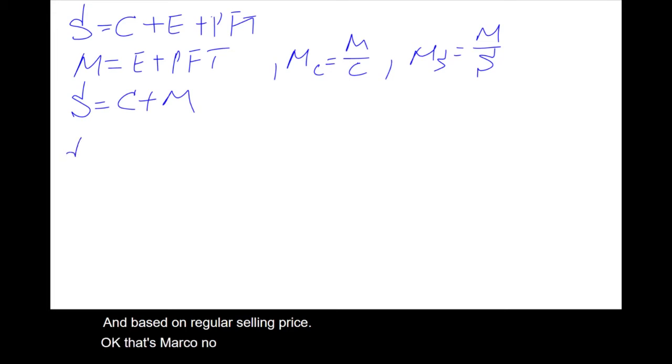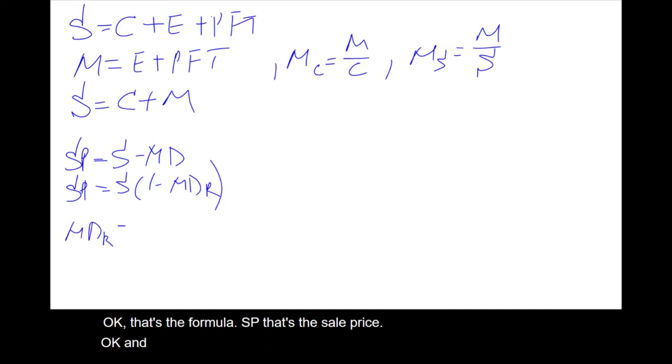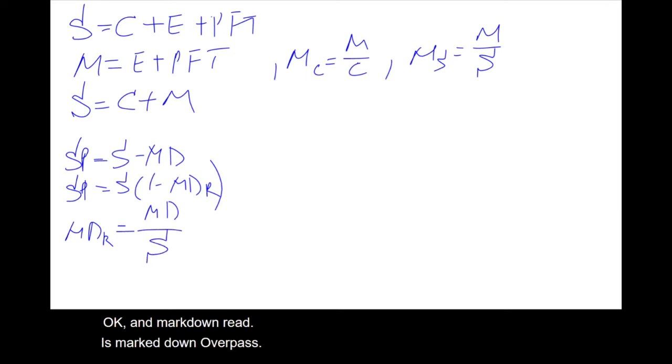Now, markdown. Okay, that's the formula. SP, that's the sale price. Okay, and markdown rate is markdown over regular price. Looks like it is. Right? Those are formulas. So I sometimes call it this material formulas game. So we play with formulas back and forth in order to find the result.